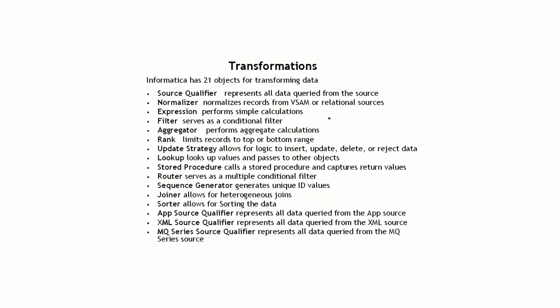Sorter is used when you want to order by. Application source qualifier, when your source is an application like SAP systems, Oracle applications. If your source is an XML, then you use XML source qualifier. If your source is MQ series, a product of IBM, you use MQ series source qualifier. So these are the different transformation objects which Informatica provides you.